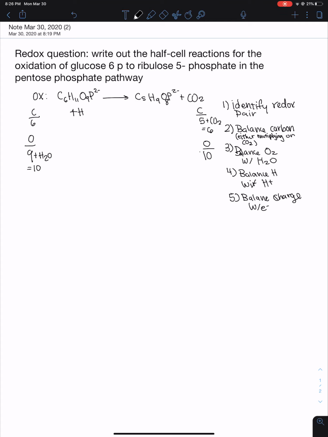And so then we have to add H2O right here in order to make 10 on this side. Then I'm going to balance my hydrogens with protons. So over here 11, 12, 13, so 13 hydrogens, and then over here I have 9. So then I'm going to add 4 protons over here to give me 13. And then I'm going to do charge now.